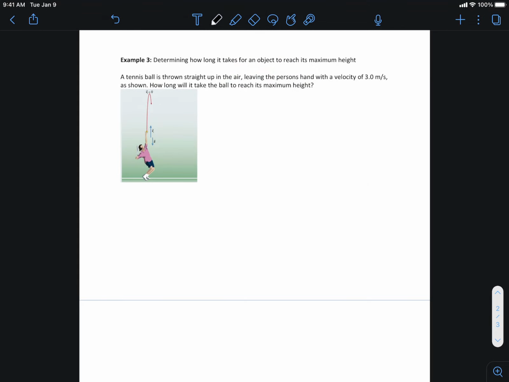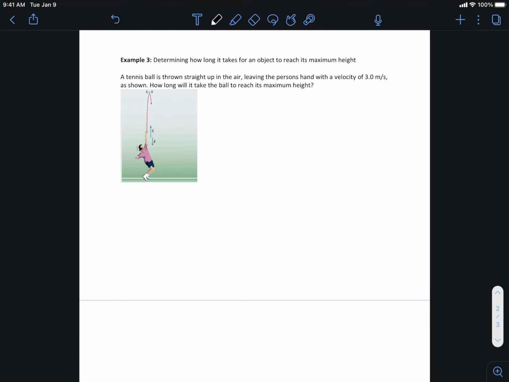Okay, so what we've got here is somebody like a tennis player. If you guys have ever seen a tennis player throw a ball up in the air, and they strike it at the top of its motion. The question here is, we want to know how long it takes to get to its maximum height, right?